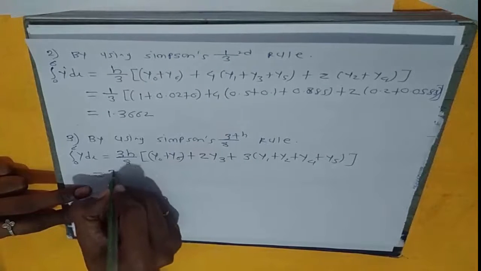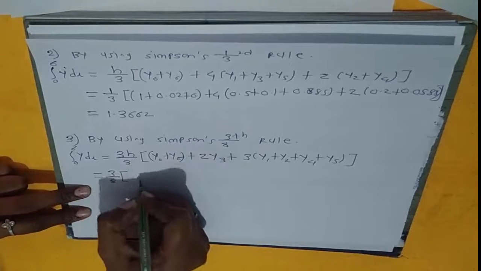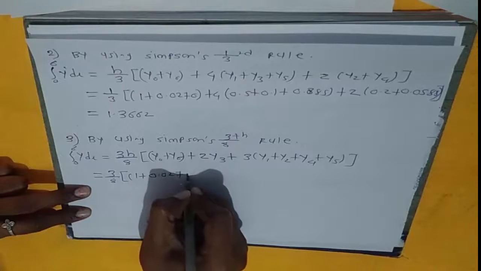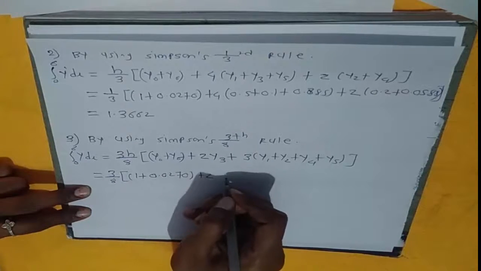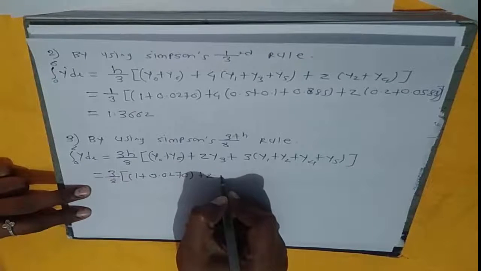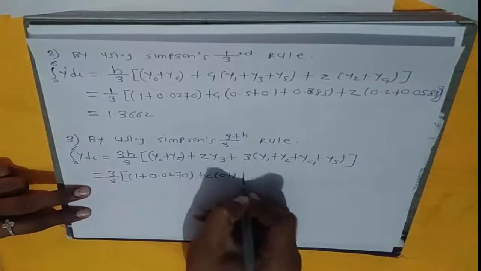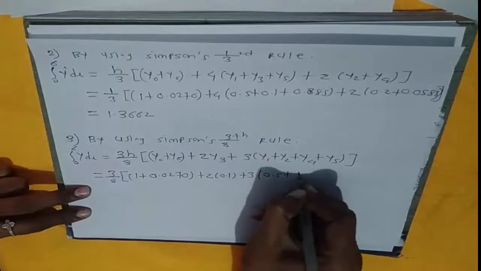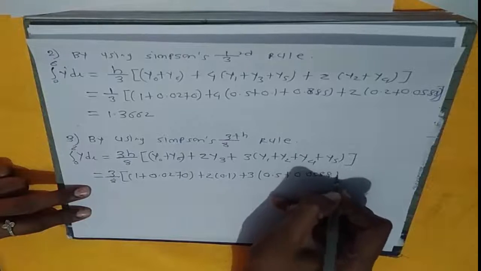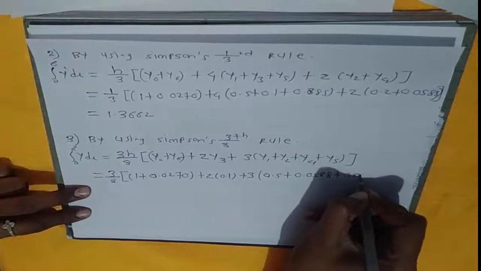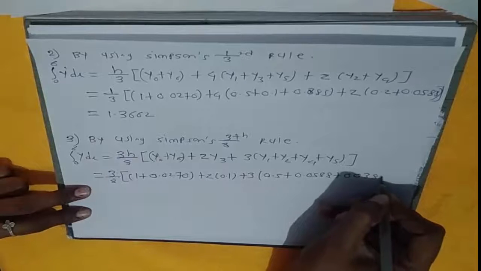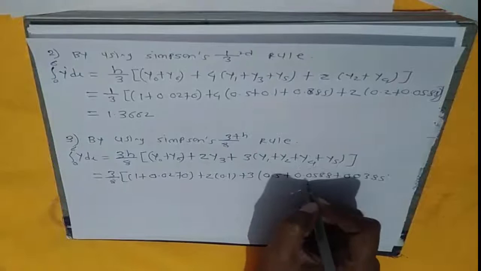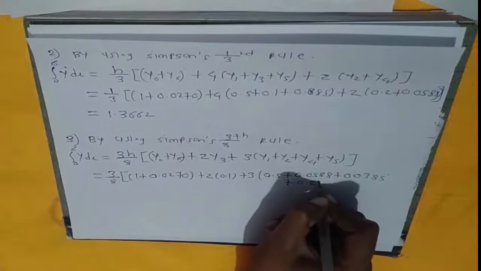So h will be 1, so 3/8 in bracket y0 plus y6, that is 1 plus 0.0270, plus 2 into y3, the value of y3 being 0.1, plus 3 into y1, which is 0.5, plus 0.0588 plus 0.0385, and y2 is 0.2.